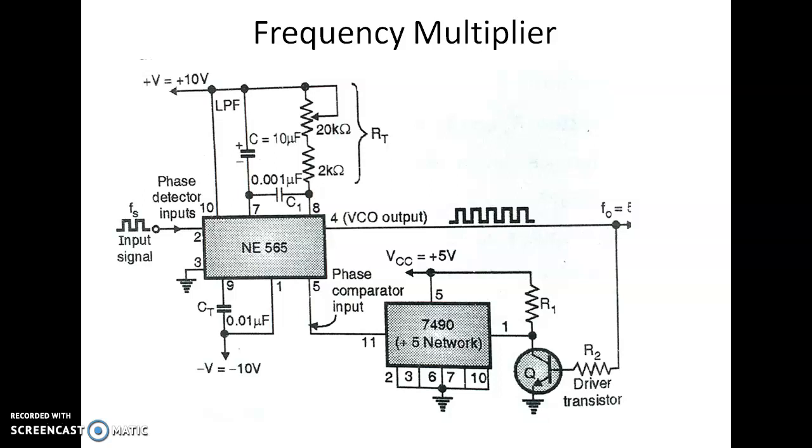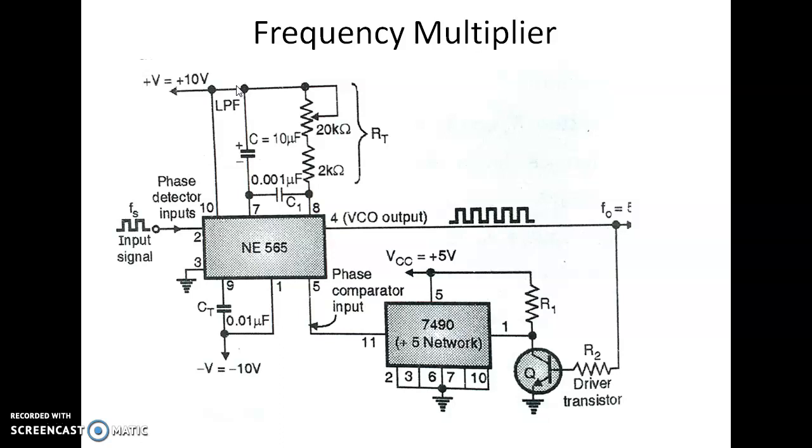At the collector of transistor Q, we get an inverted version of its base waveform that we can call the voltage control oscillator output. The output frequency is adjustable and it is possible to vary the output frequency by changing the 20 kilo-ohm potentiometer. If you observe the circuit, we have the 20 kilo-ohm potentiometer here.